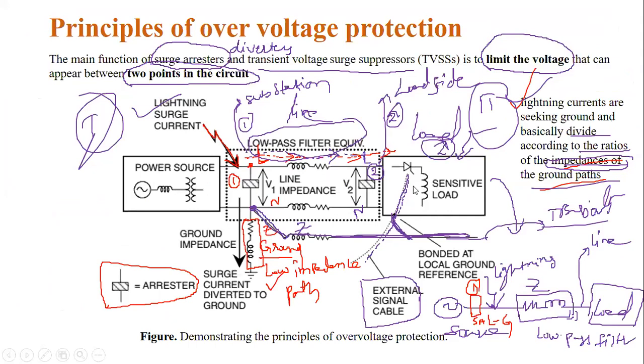Usually, to minimize lightning currents we use surge arresters. But surge arresters will not provide 100% clearing of these surge currents. Some amount of current is diverted into the load side because of this grounding.